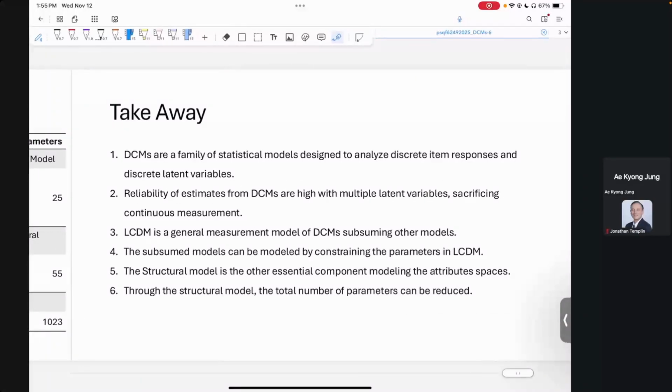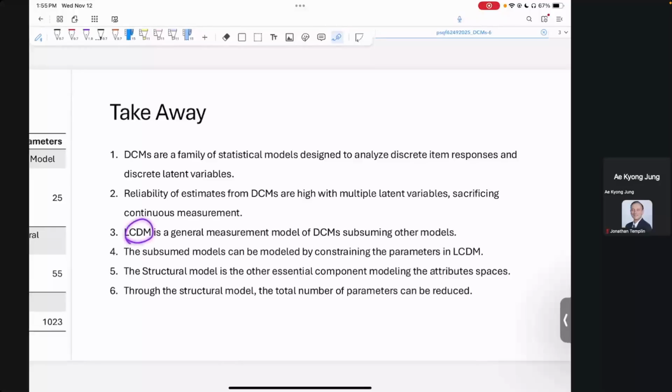So let's summarize today's class. DCMs are a family of statistical models designed to analyze discrete item responses and discrete latent variables. And the reliability of the DCMs is high with multiple latent variables, sacrificing continuous measurement because we can't give only 0 or 1 data after estimating the model.